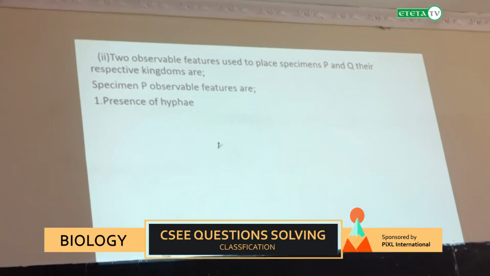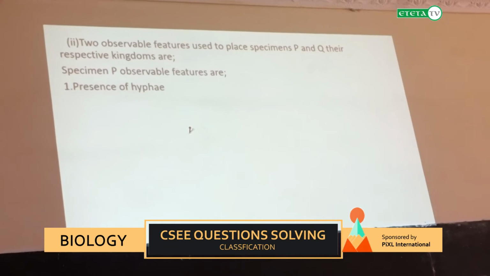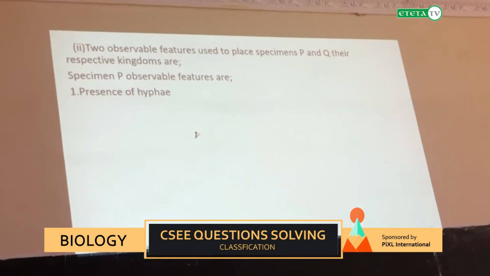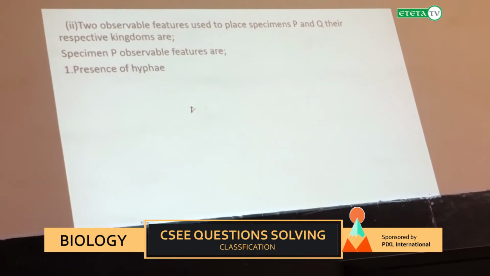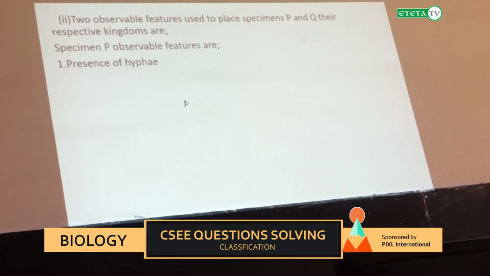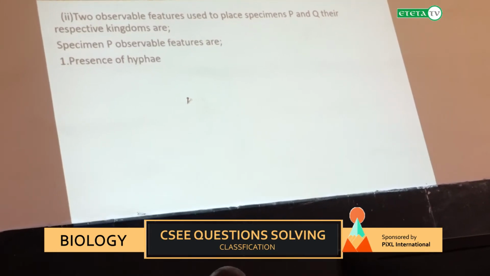Now let us see the possible answers for the specimen P. What are the observable features which make us place it in the proper kingdom? The mushroom has a structure known as the hyphae.